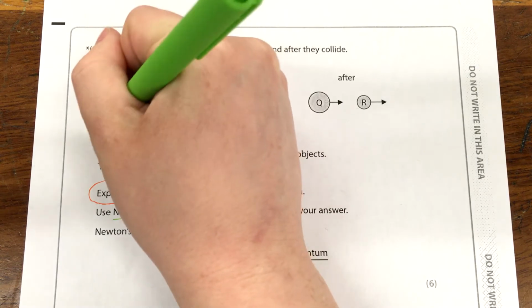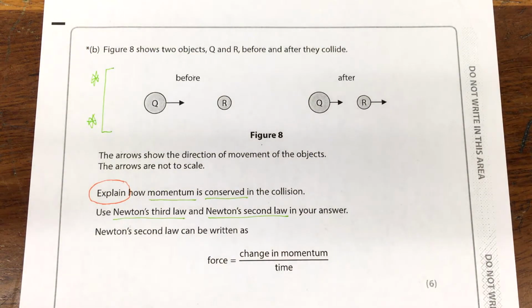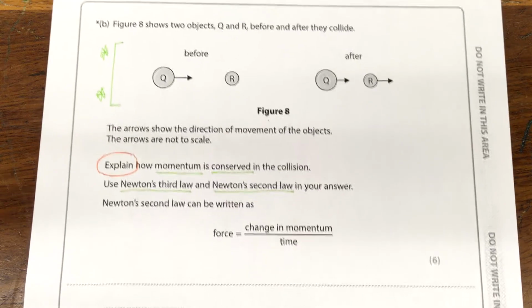So I'm going to put a little bracket around that to remind me to look at that diagram. So next we're going to scribble our plan. This can be just a couple of quick notes in bullet point form. So things that I need to include in this answer.